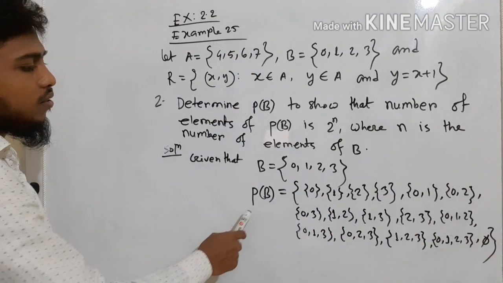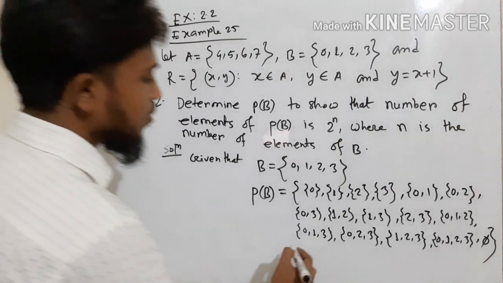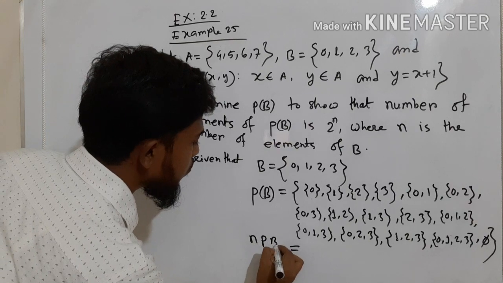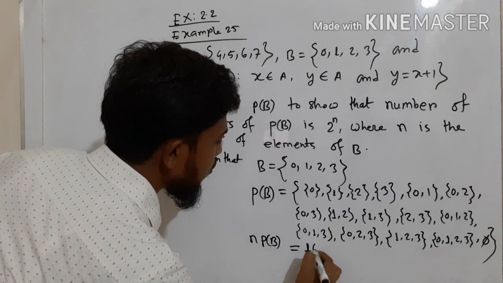We see that the number of elements of the power set of B equals 16.